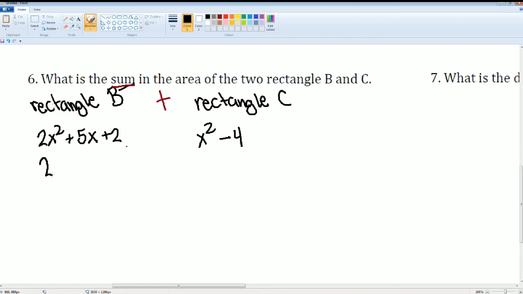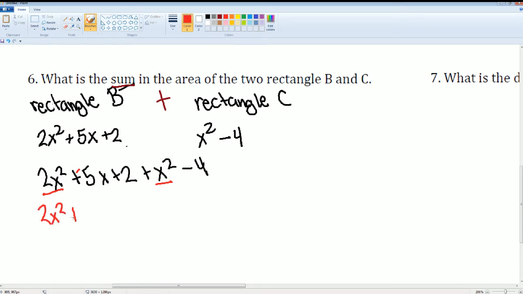Okay, 2x squared plus 5x plus 2, plus x squared minus 4. So let me rewrite it for you here. There are some like terms that can be combined. You have 2x squared and x squared here. So 2x squared plus x squared.